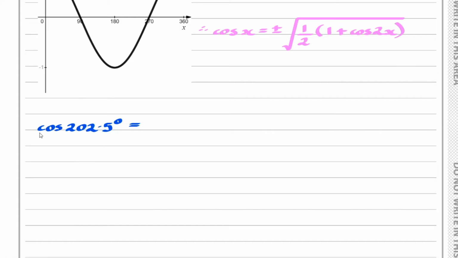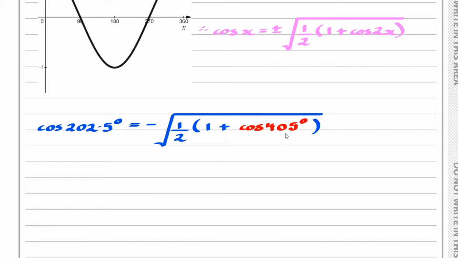Now let's think about finding out what the cosine of 202.5 degrees is. That's equal to negative, and the reason it's negative is because 202.5 is between 90 and 270. Then we have the square root of 1/2 multiplied by 1 plus the cosine of 2x, so we have 1 plus the cosine of 405 degrees.